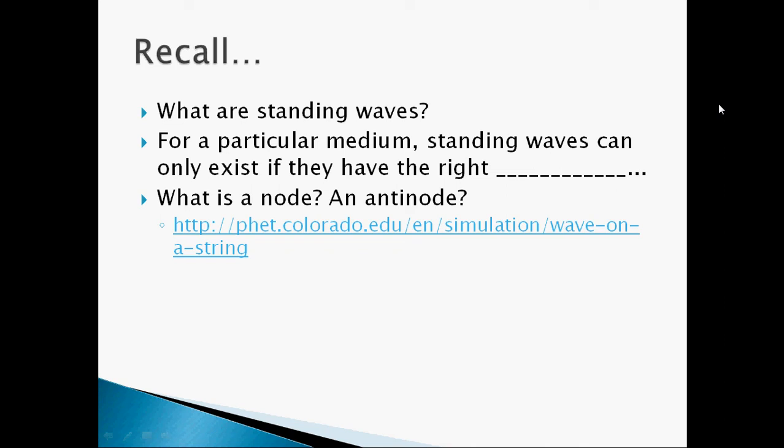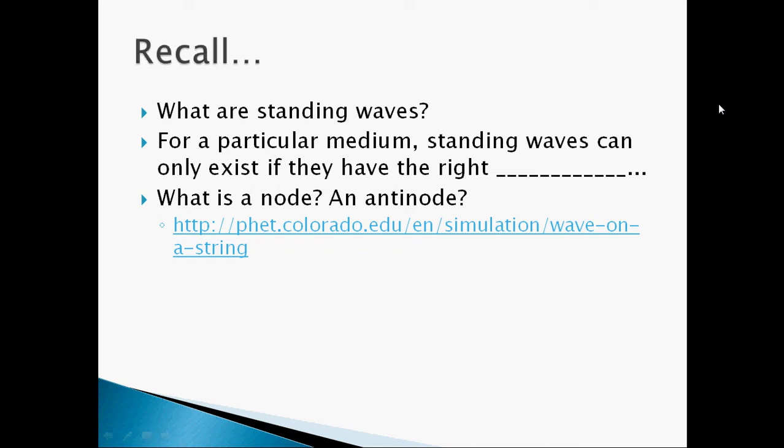Okay, so if you recall, or if you check your notes, no shame in that, standing waves are this phenomenon where as a wave reflects off of a boundary and then interferes with the oncoming wave coming back at it, so the wave moves along, hits a boundary, and then runs back into the oncoming wave.